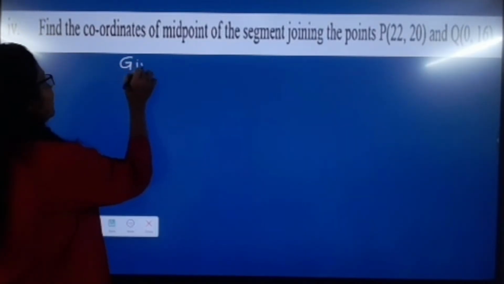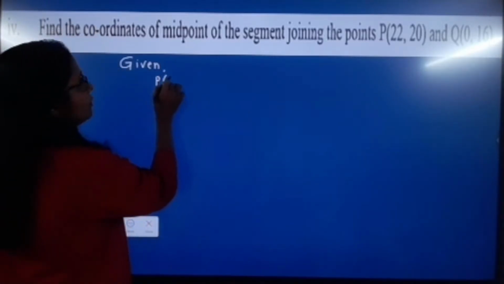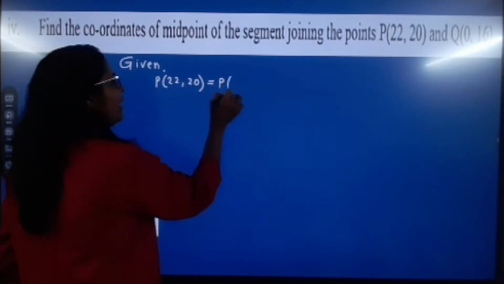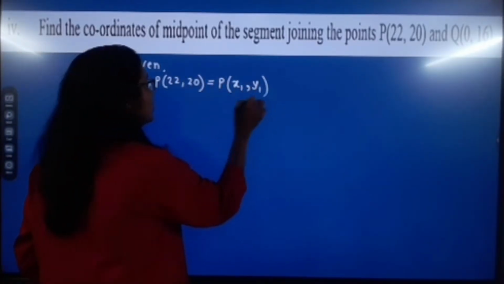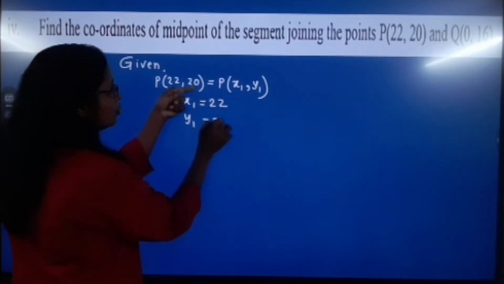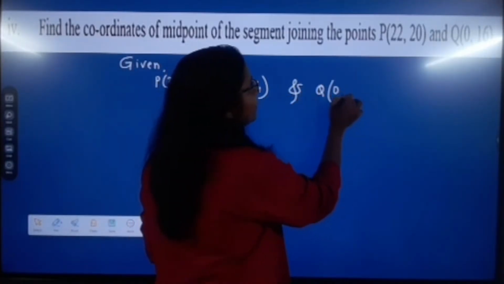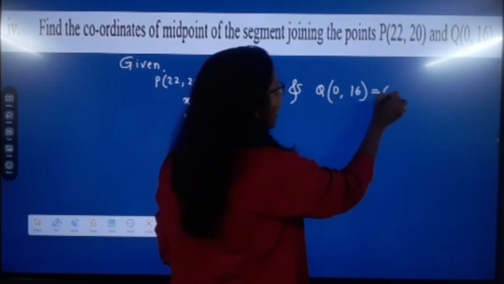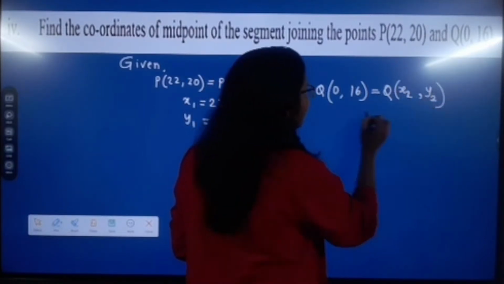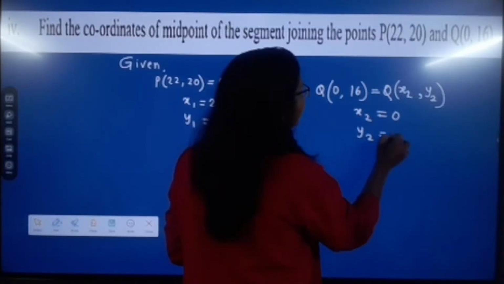Consider the point P(22, 20) as P(x1, y1), that means x1 becomes 22 and y1 becomes 20. And the second point Q(0, 16) as Q(x2, y2), that means x2 becomes 0 and y2 becomes 16.